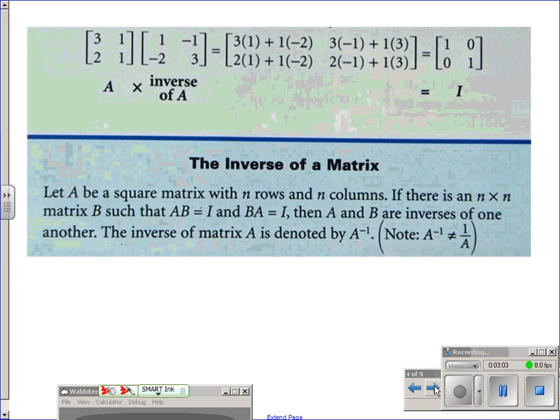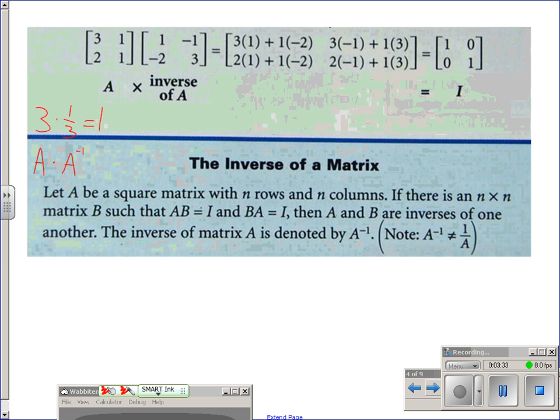Okay, like I mentioned on the very first slide, an inverse of a matrix is like the idea of a reciprocal. We take a number and multiply it by its reciprocal, we're getting 1. So, when we talk about matrices, you take matrix A, multiply it by its inverse, and the notation for an inverse matrix looks like a negative 1 exponent.